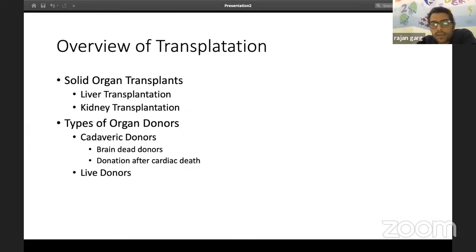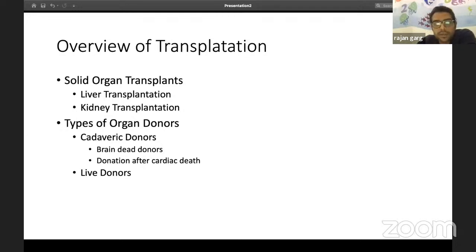Within cadaveric donors, there are brain dead donors and donation after cardiac death. Brain dead donors are the only donors we see in India, but in the West there are centers that do transplantation by taking organs after cardiac death. Brain dead donors are the patients who can donate different organs.